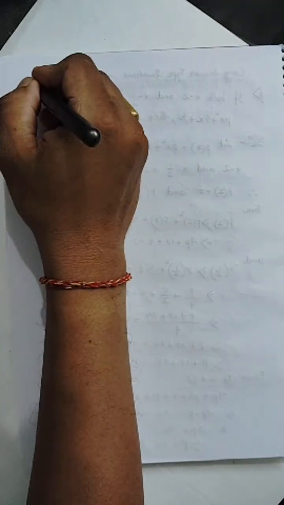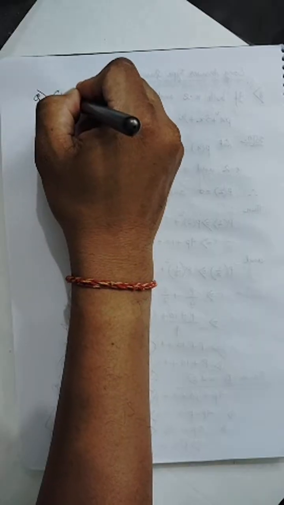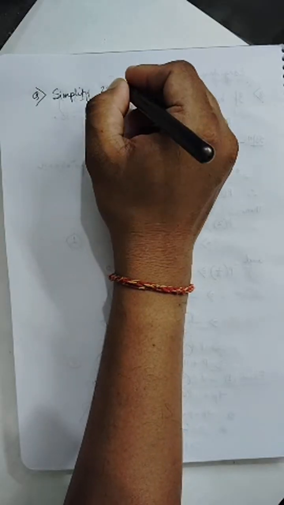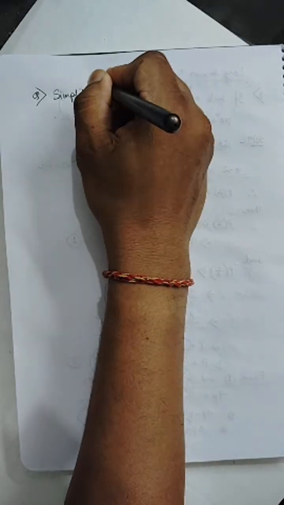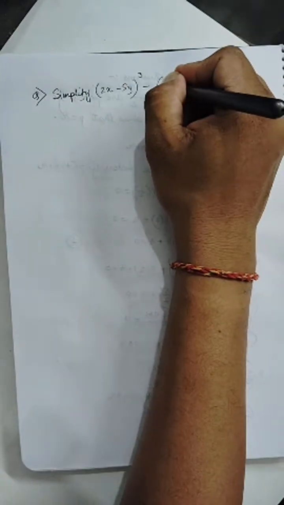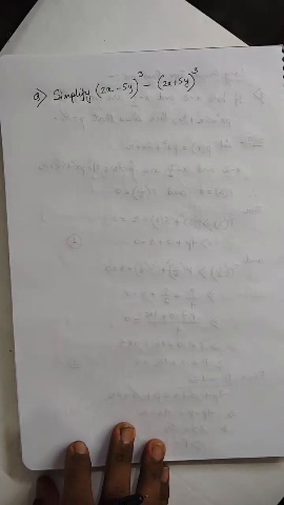Simplify. So let's simplify them. Okay, so we have to simplify 2x minus 5y whole cube minus 2x plus 5y whole cube.